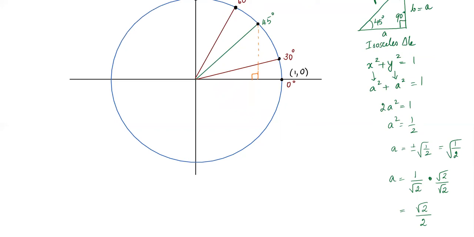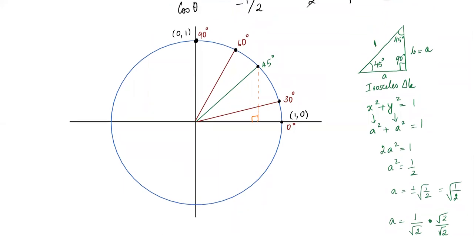Okay? So we come back here and we say, okay, for this one, my a came out to be root 2 over 2, and this a also came out to be root 2 over 2. So in other words, if I were to indicate that here, that is root 2 over 2, and this height is root 2 over 2.